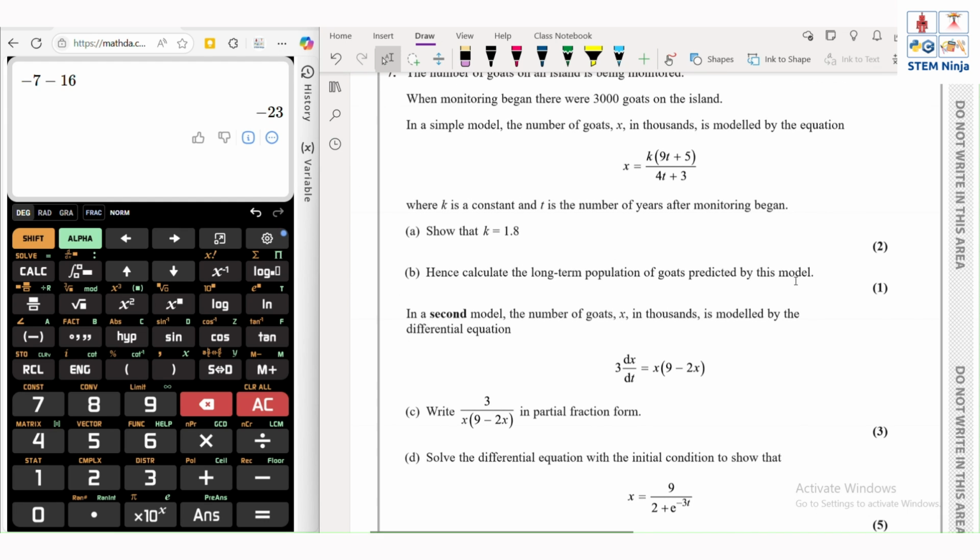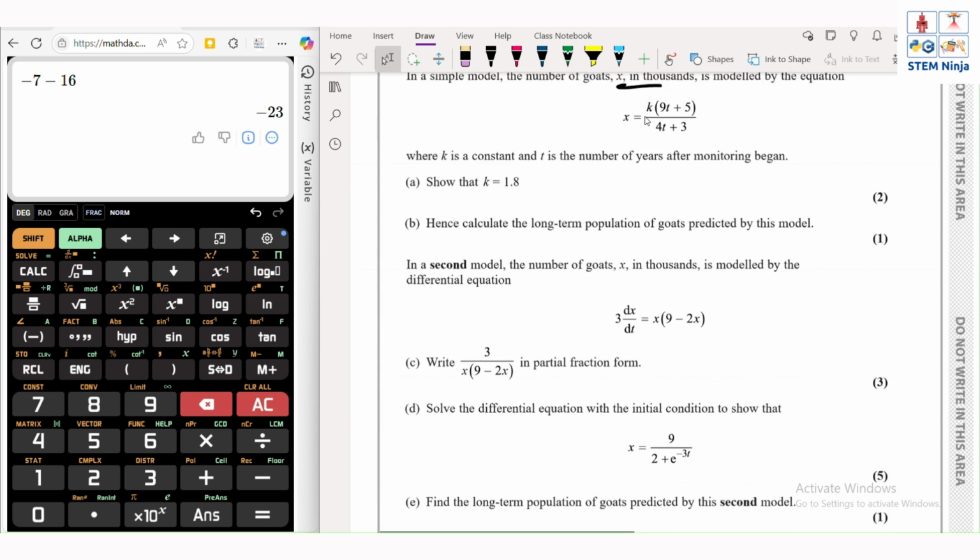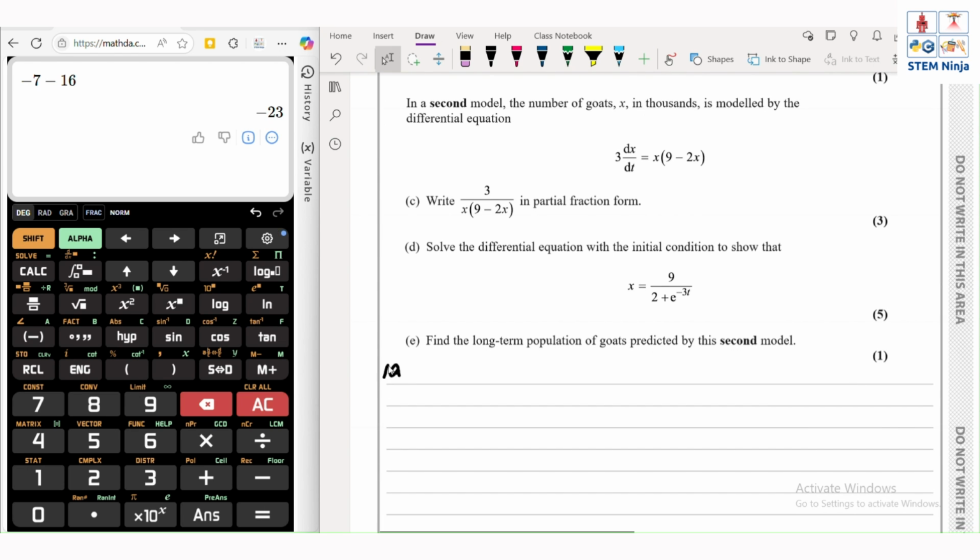Okay, so we know that at t equal to 0, x would be 3 because this is in thousands. So don't write x is equal to 3,000. So at t equal to 0, x was 3.